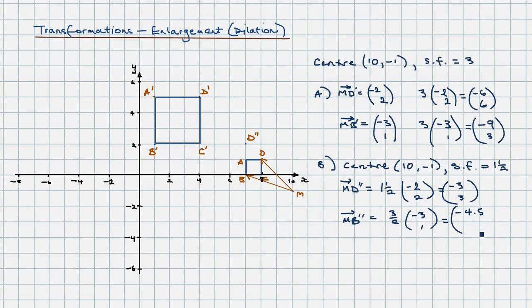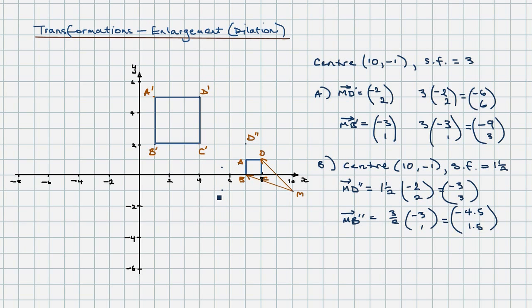And then we've got 3 halves times 1, so that's 1.5. So again, counting from the centre of enlargement, we've got 2, 4 and a half. So that takes us to here. And then we want to go up 1.5, which will take us to here. So right in the centre of that square.